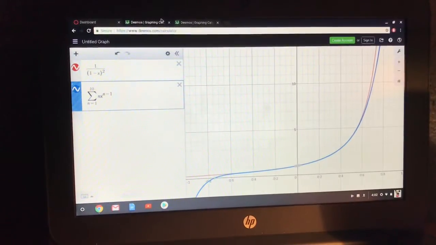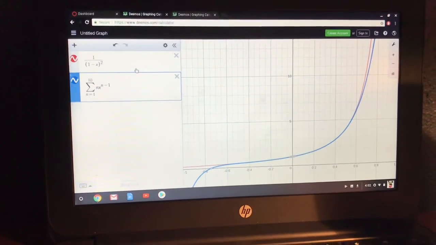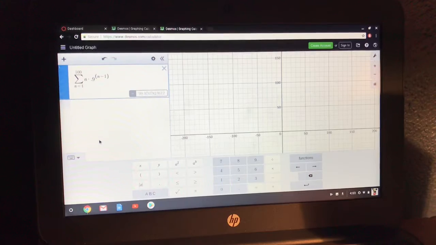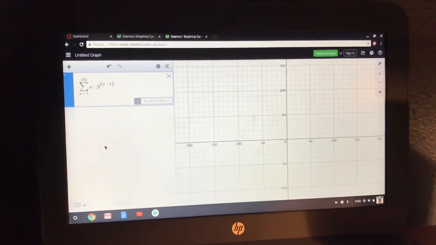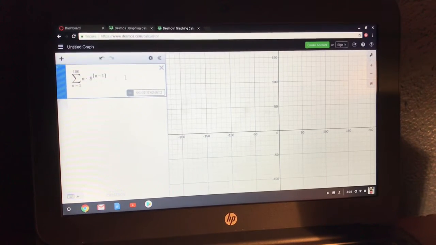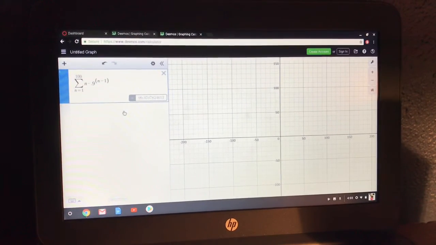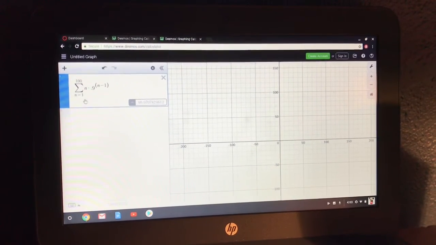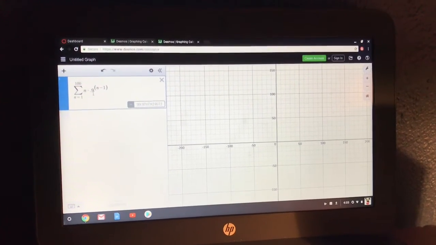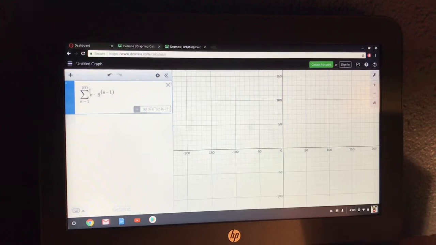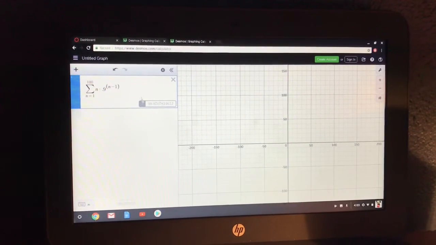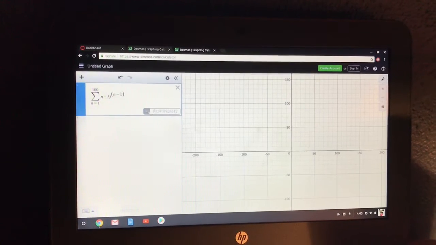So thinking about this for a little while, I went back to Desmos and opened up a new tab and thought about the function and how it relates to the series. So Sn of x, if we put in 0.9 for x and we put in values of n, it gives us a number value.